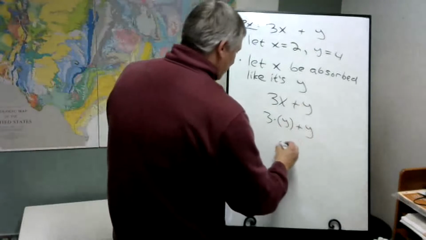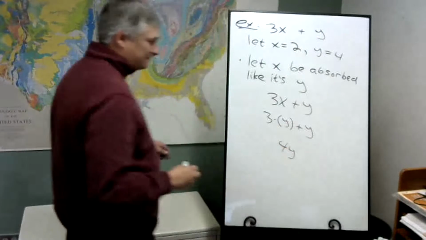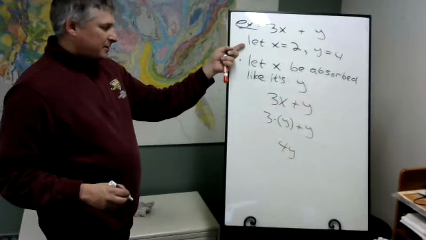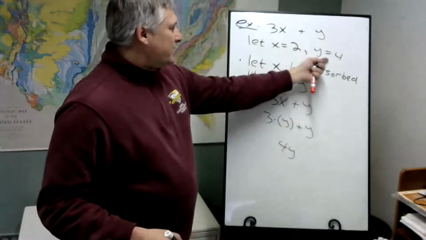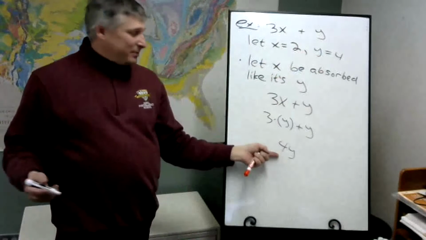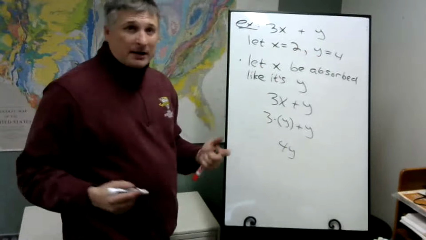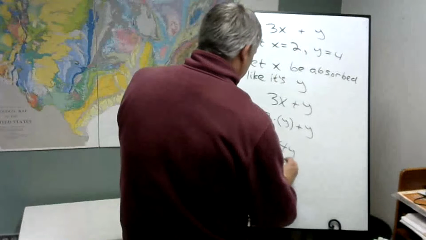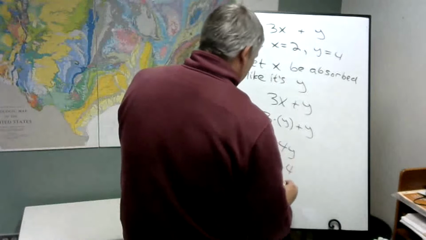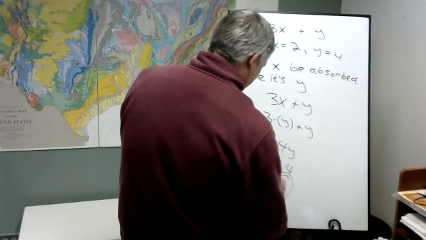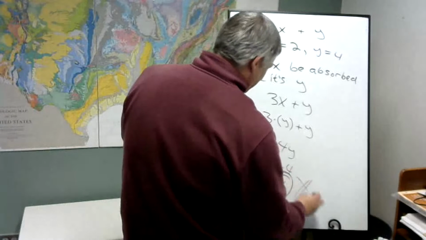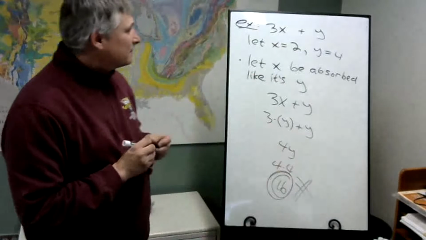And so we end up getting 4y. And then we make our substitution, x is 2 and y is 4, but now the x has disappeared. It's been absorbed into the y's. And so we get 4 times 4, or 16. And again, that's not the correct answer.